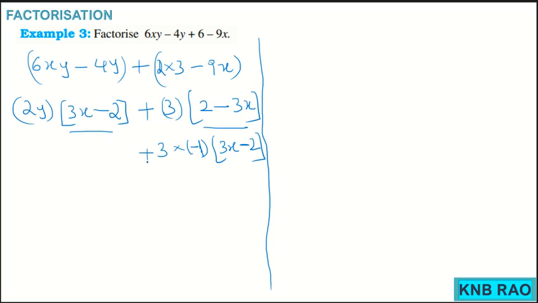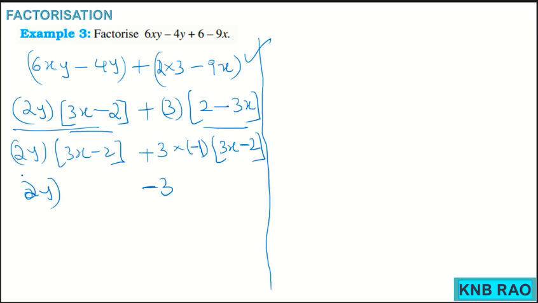Now, this plus 3 multiplied with minus 1 can be written as minus 3. So, instead of doing these two steps, I can straight away take minus 3 common out from step 1, whereas this remains as it is anyway, 2y times 3x minus 2, and minus 3 times 3x minus 2.